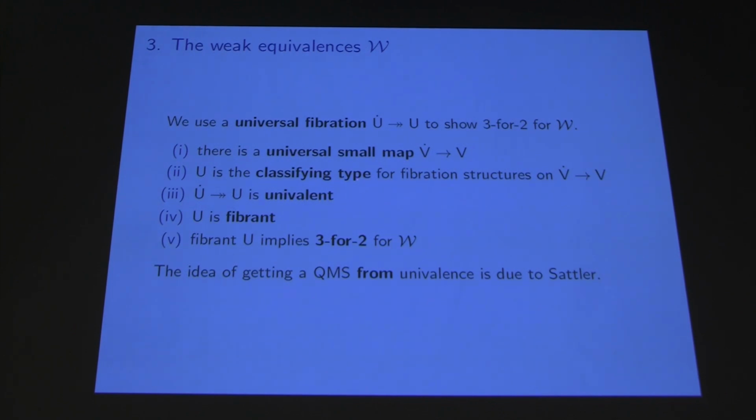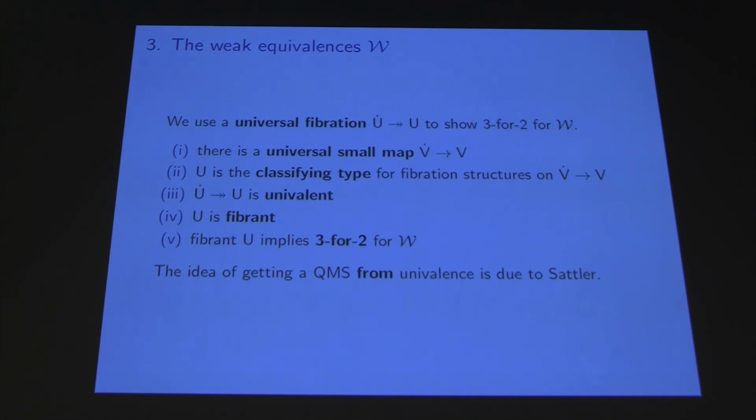So I hope to be able to explain that. Then I make this universal fibration. Every fibration is a pullback of this one. I show that this one is univalent, so that's where a little type theory comes in. And using that fact, I show that the base of the universal fibration is in fact a fibrant object. And that is the step that I need to get the 3 for 2 property for the equivalences.